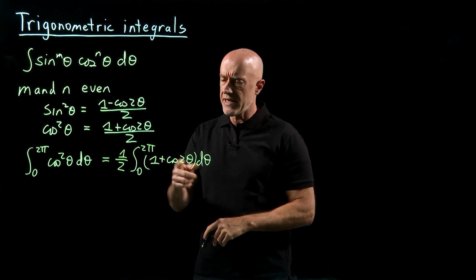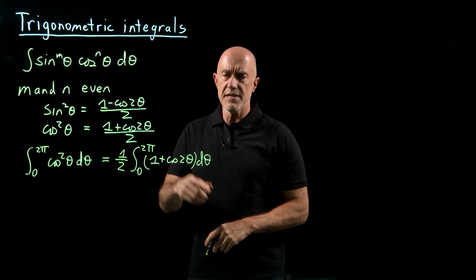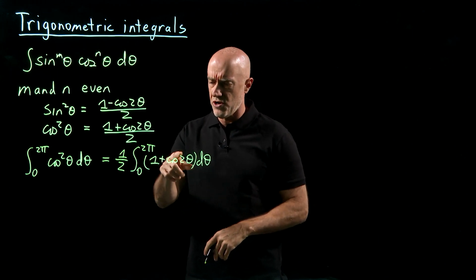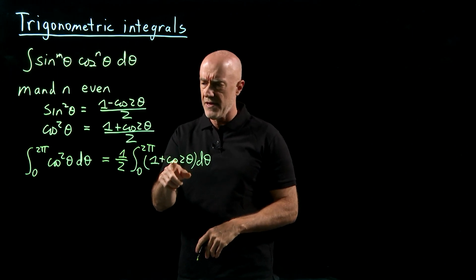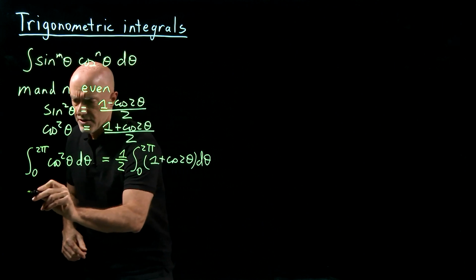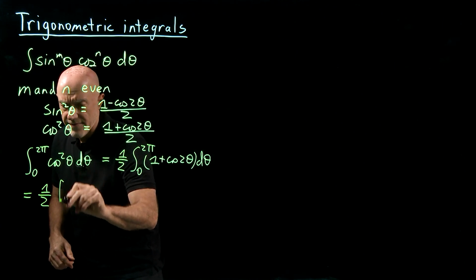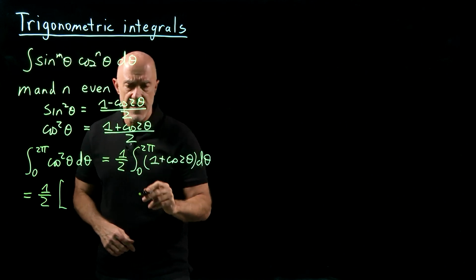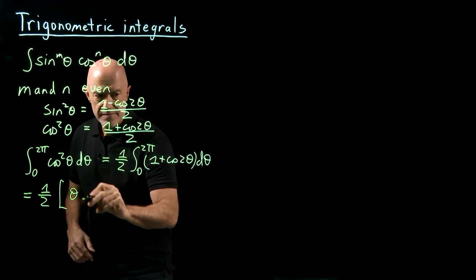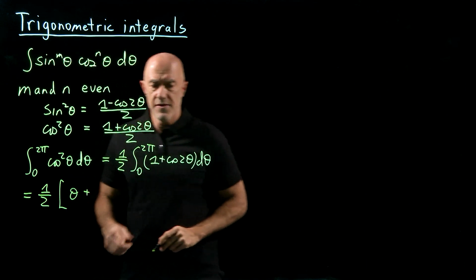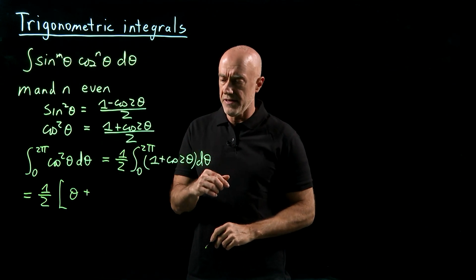And then this one we can do with a simple substitution or you can do it in your head. I think this one's easy enough to do in your head. So that becomes 1/2 times the integral of 1 d theta, which will be theta, plus the integral of cosine 2 theta d theta.